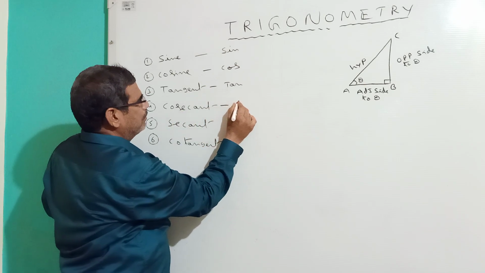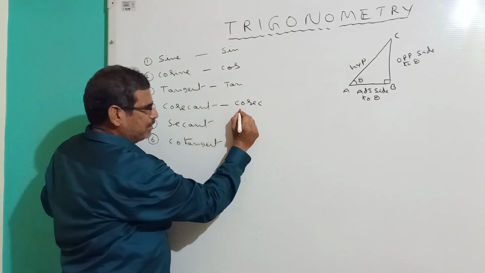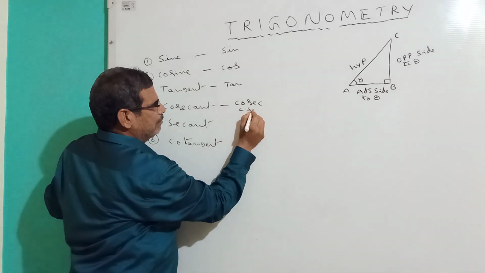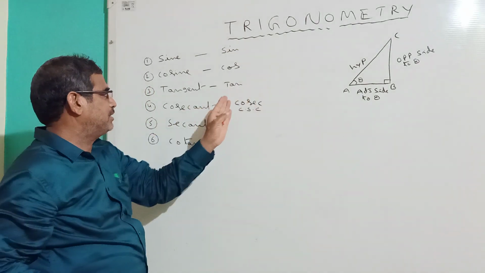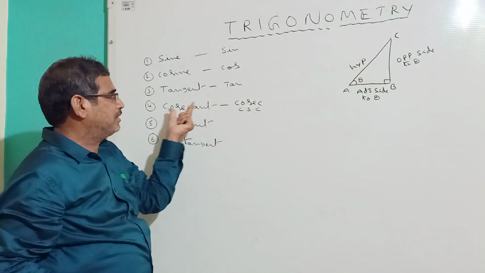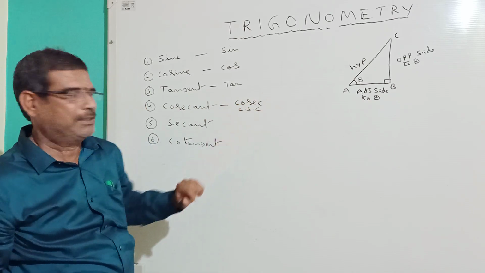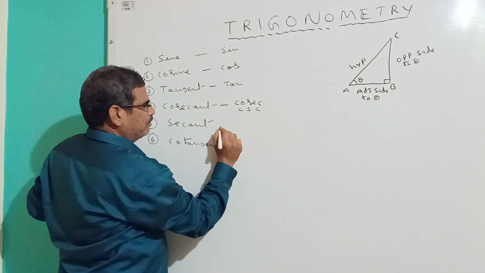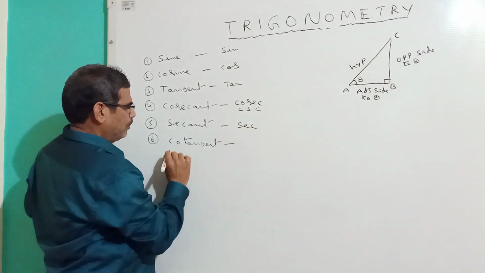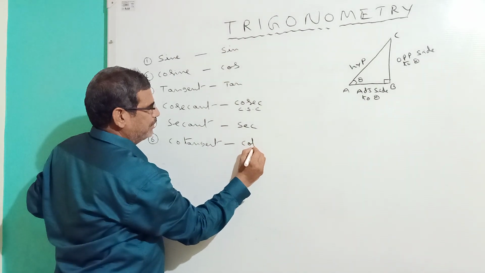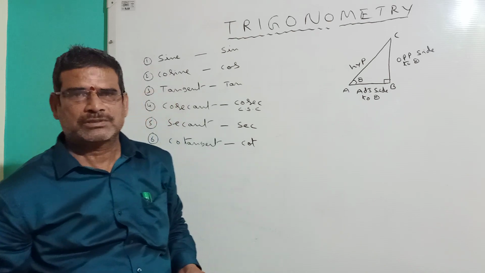Cosecant is written as cosec, and recently this is csc theta. Secant is simply sec. Cotangent we simply write as cot. So these are the 6 trigonometric ratios.